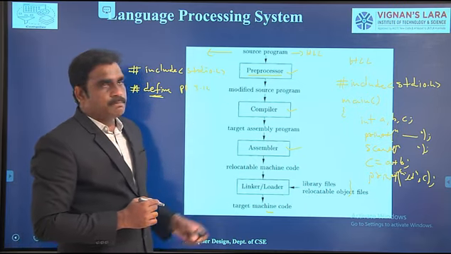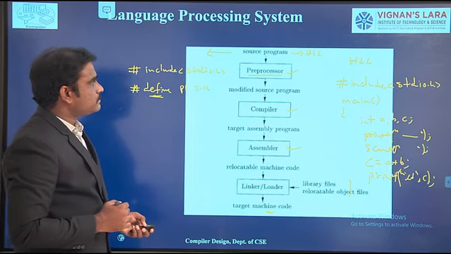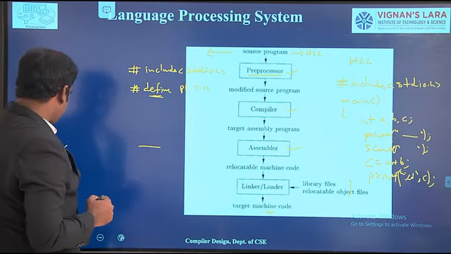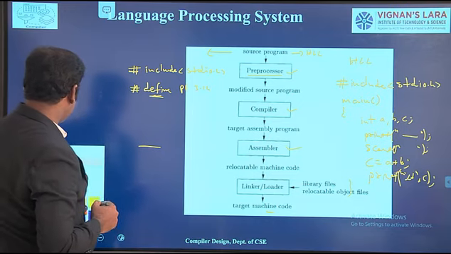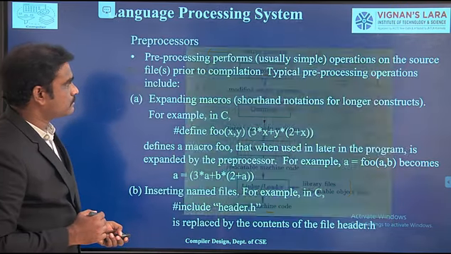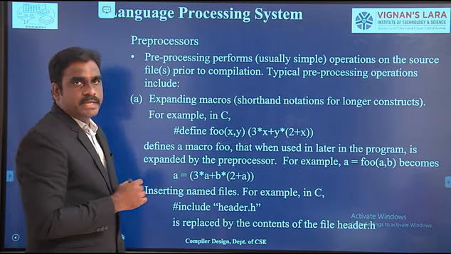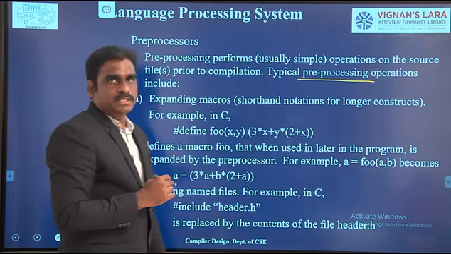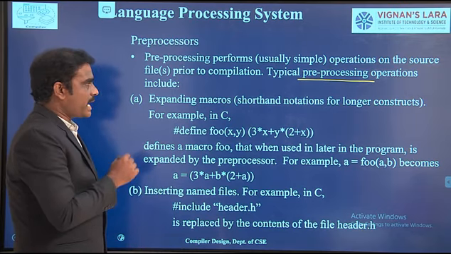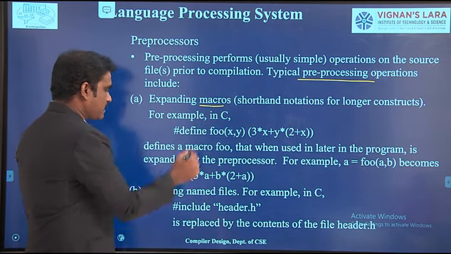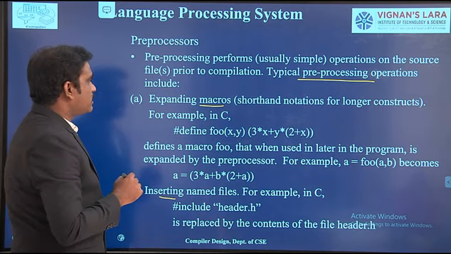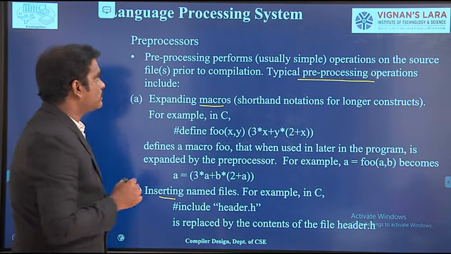And after performing the preprocessor, in the preprocessing we have to perform some operations. The first one is macro operation and the second one is file inclusion. What is meant by macro definition?